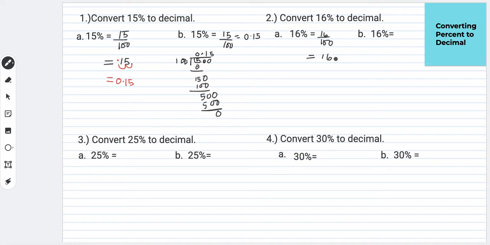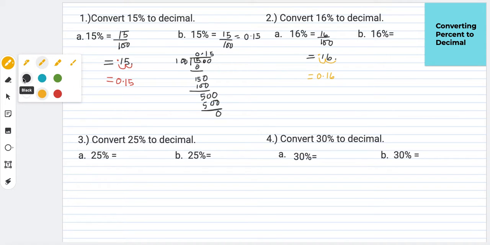It is now on the right side of 16. Then we have to move two places going to the left side of 16, since we have two zeros in our denominator. This is now equivalent to 0.16. That is equal to 16%.